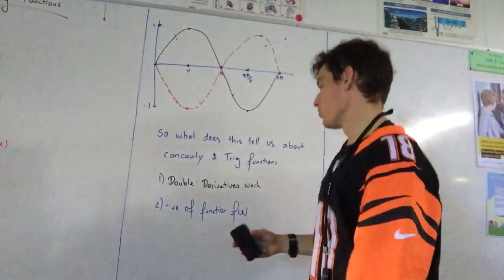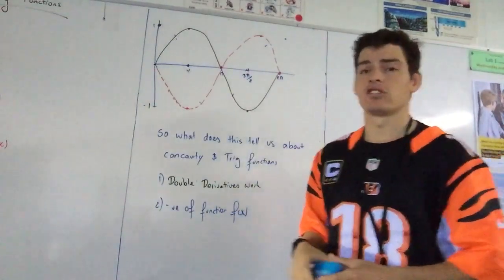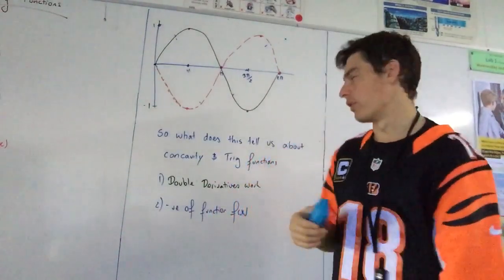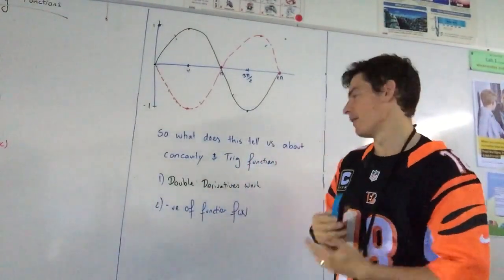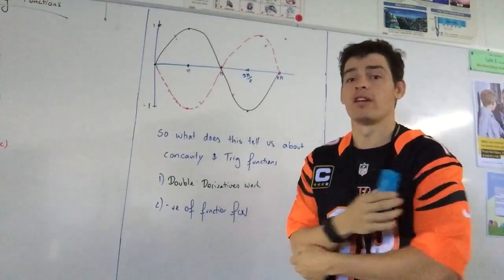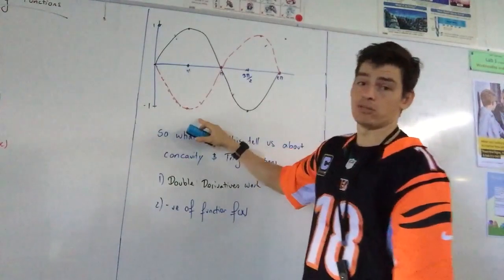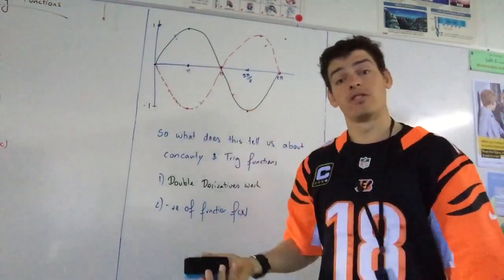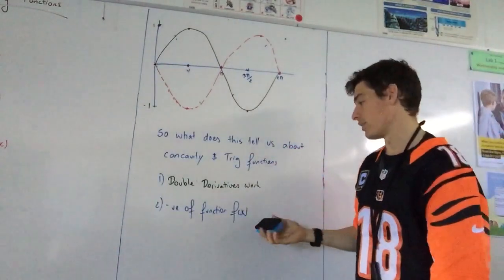So the main takeaways I want us to get out of this are, obviously, concavity and trig functions, just reminding us of what those things are. I wanted to highlight that the double derivative works for whatever function we're dealing with. That tells us about concavity. A reminder that a negative double derivative function means that we have an upward concavity, and a positive double derivative means that we have a downward concavity.